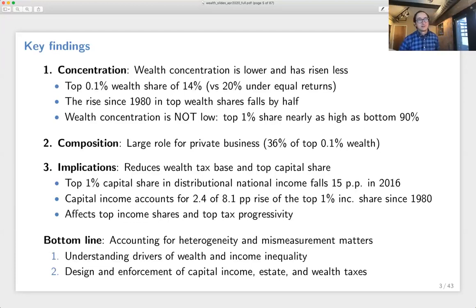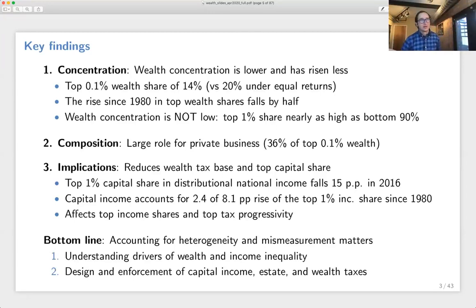So I think there's a lot we don't know about the overall value of private business. It's hard to measure because we don't have a market for it that's clear and liquid. So we're going to provide another set of estimates that's going to be higher than what you would pull out of the financial accounts. It's basically incomplete data: the Fed doesn't have access to the universe of firms and what those things would sell for if they were traded on the market. It's hard to do for private business.